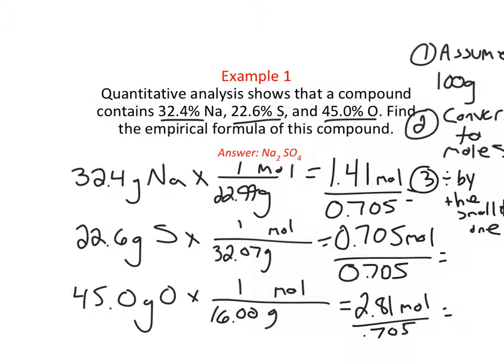So 0.705 divided by 0.705 is 1. The first one is a 2, and the last one is a 4. Those are the subscripts. So my empirical formula would be Na2S1O4, which is Na2SO4. So we got sodium sulfate.